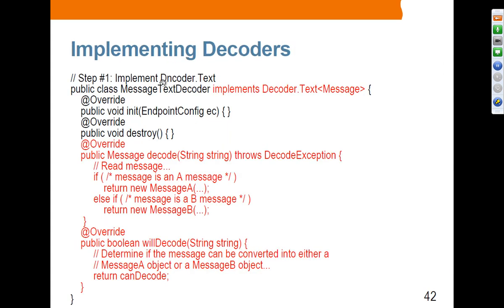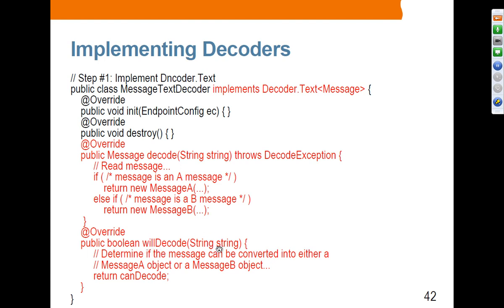So again, we implement a decoder class, implementing Decoder.Text. Then we have a decode message method, which takes the string, and then it will create message A or message B. It can also have a method called willDecode.